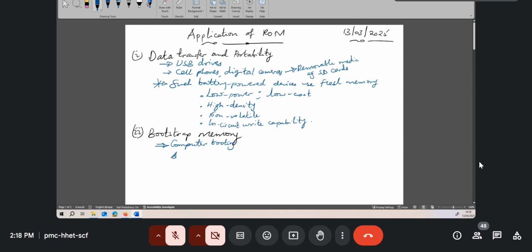Remember the BIOS in itself is a program. And where is that program stored? It is stored in a read-only memory, because it actually comes from the manufacturer.